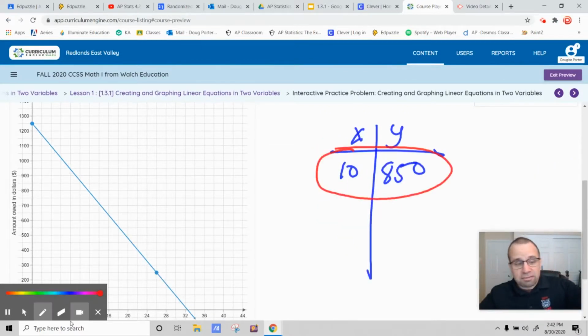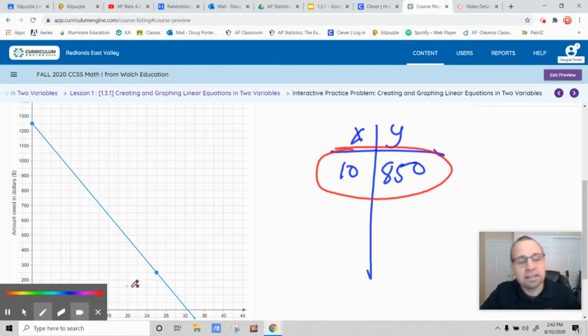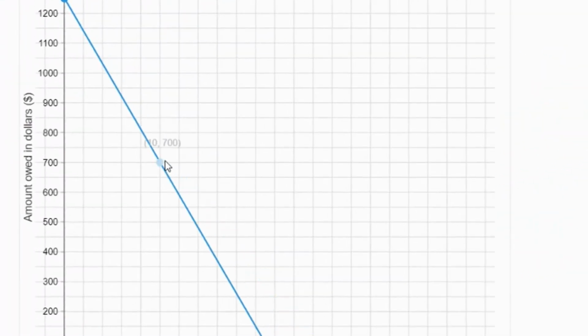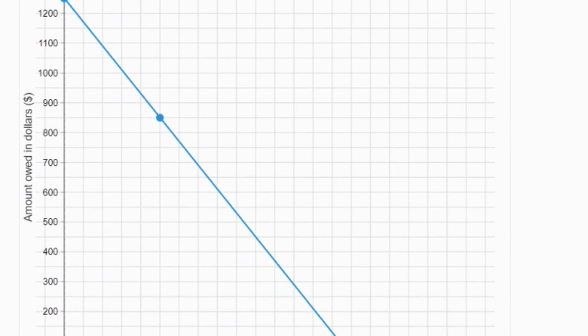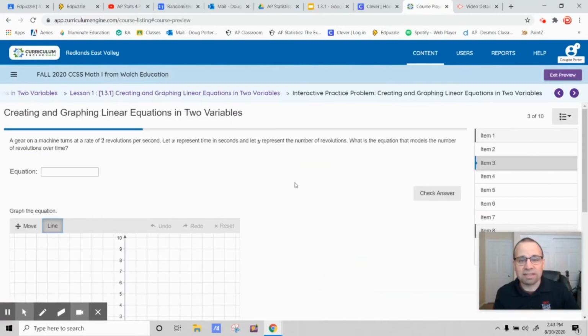Okay, after a lot of guessing and checking, I finally found that 10, the way this graph is set up, I'm going to have to email them about this, but the way this graph is set up, I'm able to graph 10 and then 850, because when I plug in 10 times negative 40, and then you subtract that from the 1250, you'll get 850. So let's graph that. And guess what? You don't have to do that problem on your homework, because I just did it for you. 10, 850. Let's see if this works. All right, it works. All right, we'll see you in class, guys.